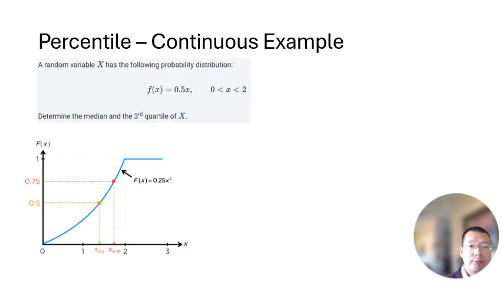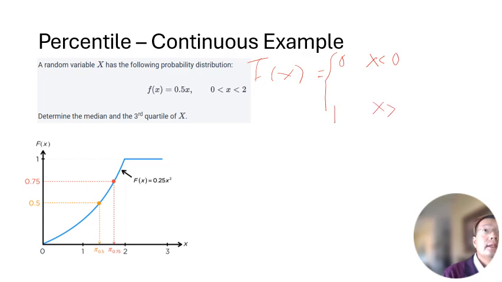The first step we have to do is to calculate the CDF based on the fx that is given. So let me see. Okay, Fx would equal 0 if x is less than 0, and 1 if x is greater than or equal to 2.